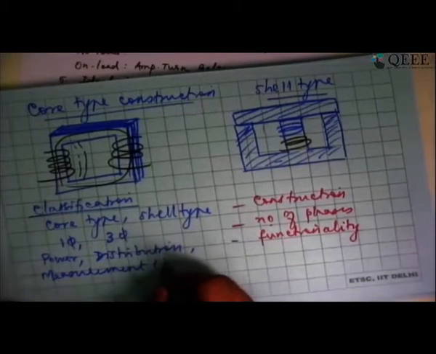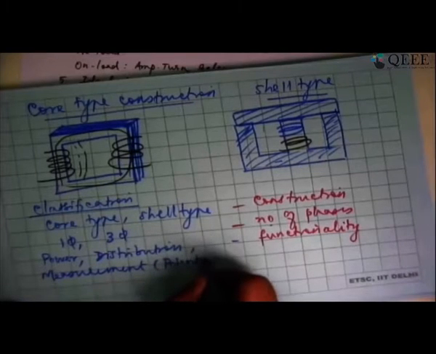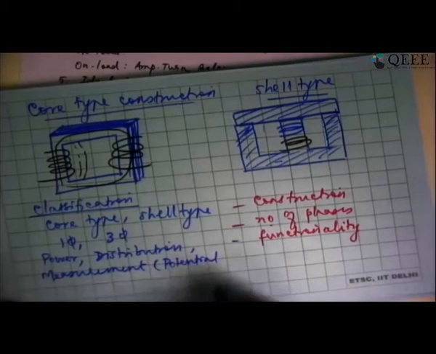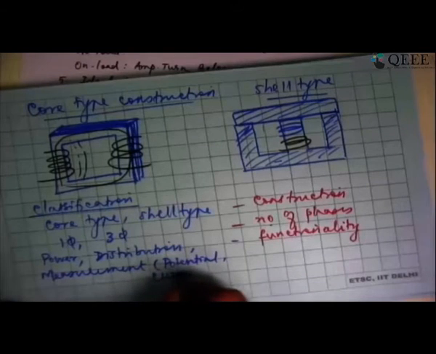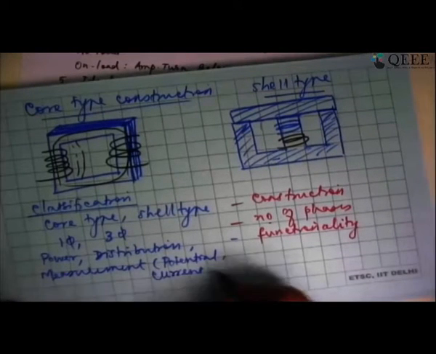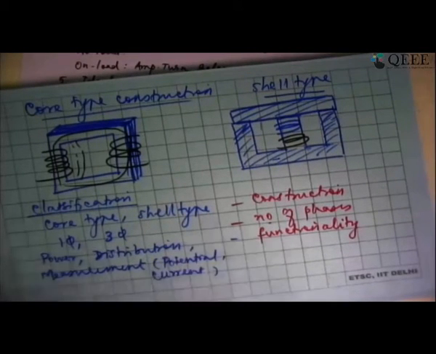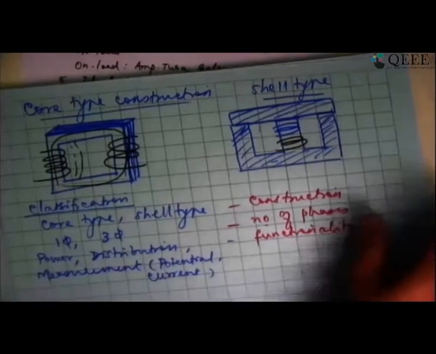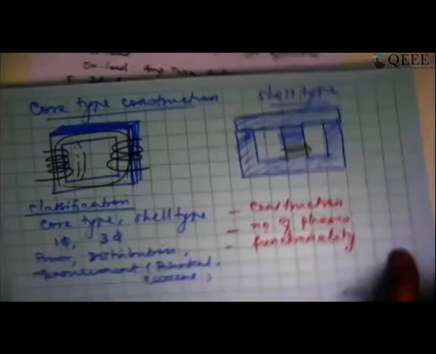This can be a potential transformer if I want to use it for measuring voltage, or a current transformer if I am using it for measuring current. These are various classifications of transformers which may come in handy later on when we talk about different types of applications. Let's look at the principle of operation of the transformer.